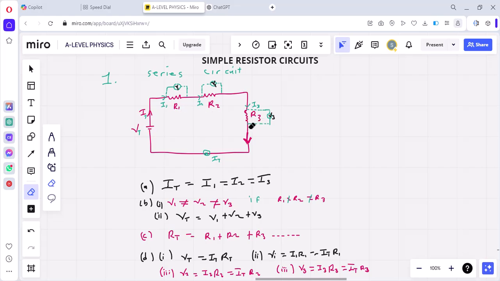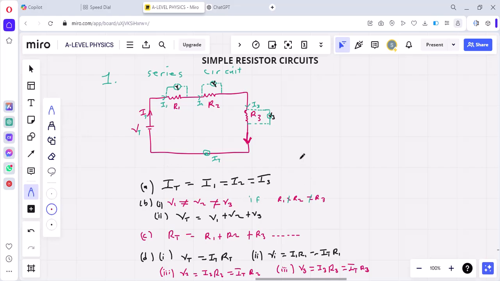If there is resistor 4, also resistor 5, all the resistors that are connected in series, the current will be the same. So here, IT implies total current through the circuit, then I1 implies current through resistor 1, I2 implies current through resistor 2, and I3 implies current through resistor 3, and this current is the same. So you have to take note of that.